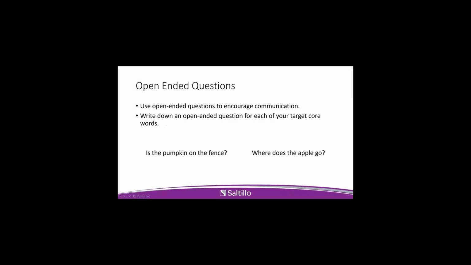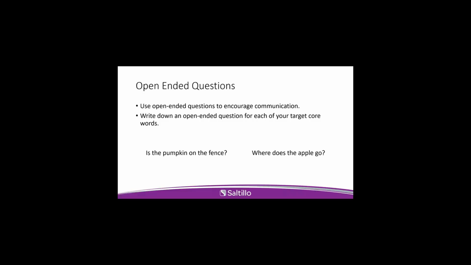The next step then is open-ended questions. And so open-ended questions we want to use to encourage communication. They require more than just a yes/no answer. So it keeps that conversation going, and it also allows for your child, your student, to have some autonomy with it.